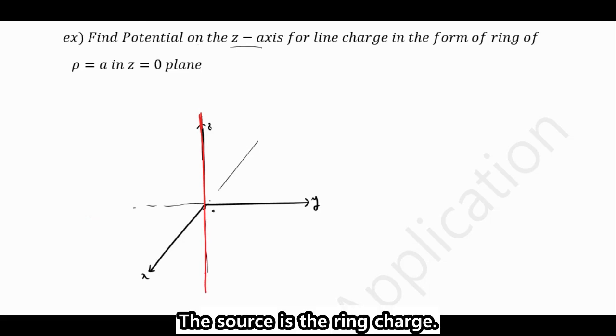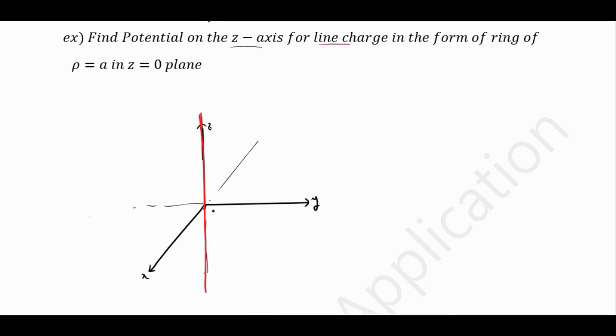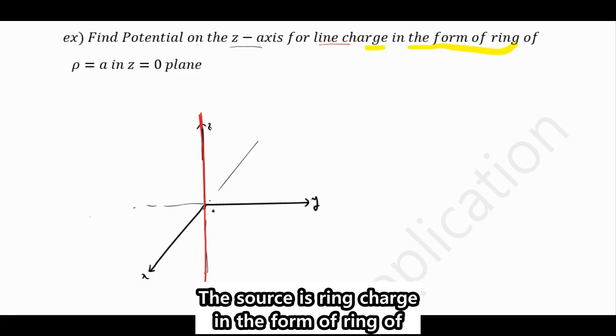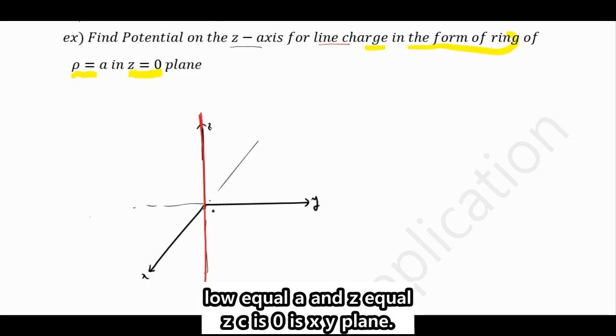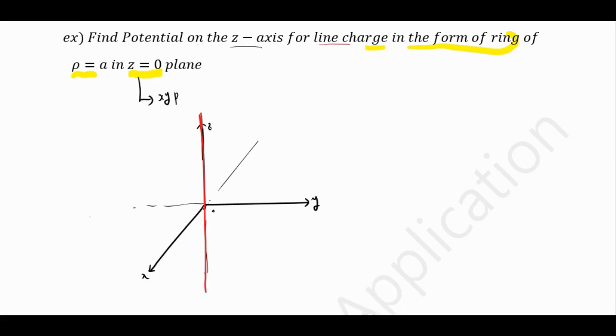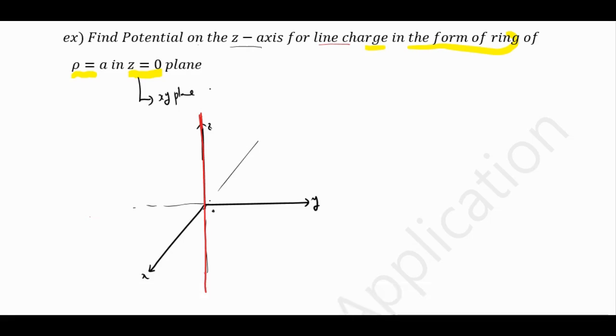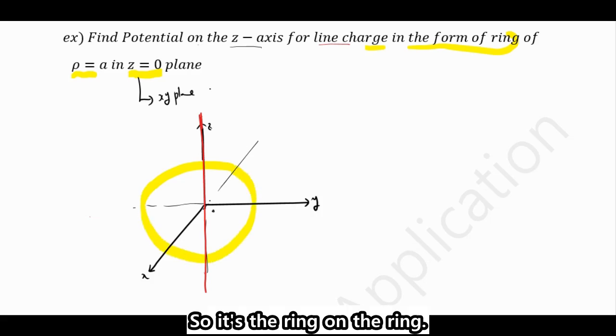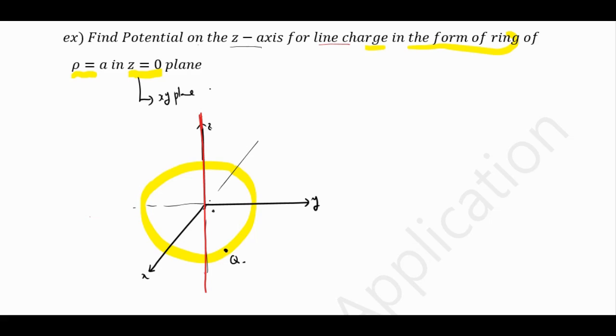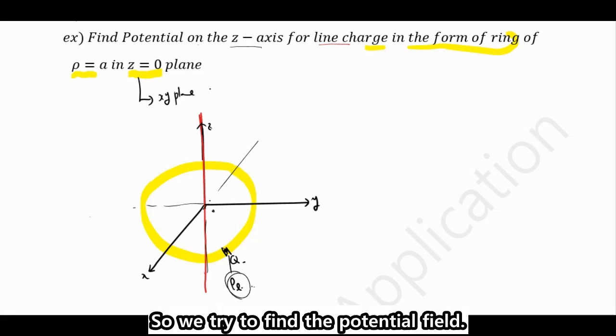The source is a ring charge, in the form of a ring with rho equal to a and z equal to 0, which is the xy plane. The source is on the xy plane, and the shape is a ring. On the ring we have the charge, so this is a line charge.